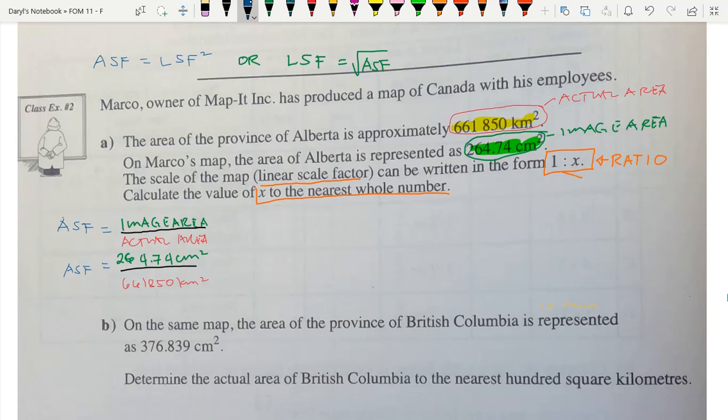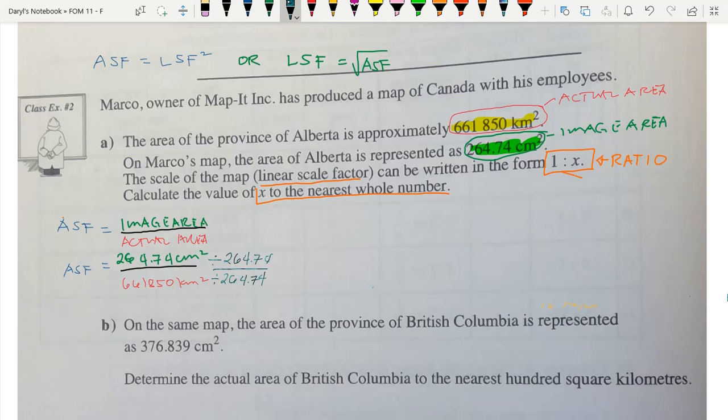However, we can rewrite this in such a way that we can reduce the numbers. And we can do that by dividing both the numerator and the denominator by 264.74. Okay, so I'll be dividing both the numerator and denominator by 264.74.